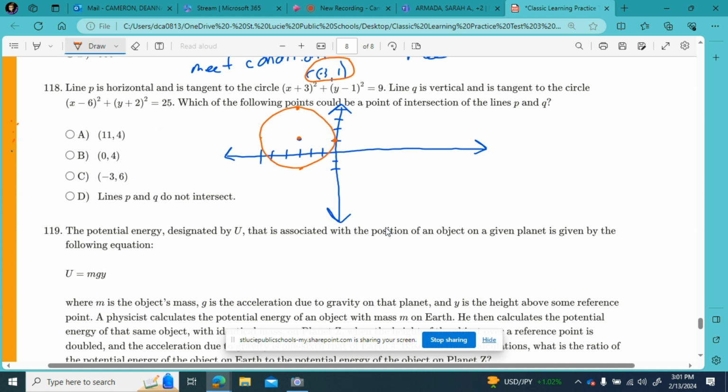Okay, and with this circle, it's P. Line P is horizontal. Horizontal means it's like the horizon, it goes side to side, and is tangent to this circle.